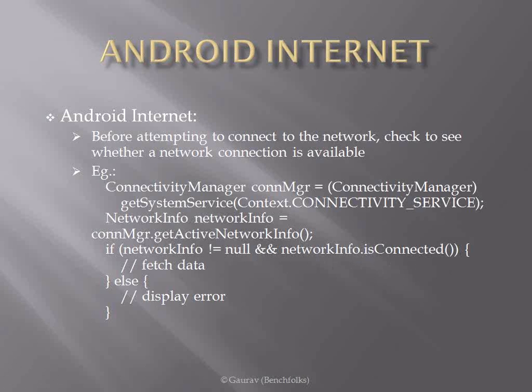So you go into the first block and perform whatever operation you need related to the internet, or in the second block you just display the error, saying you are not connected to the internet, please try again, or something like that. So basically this is just two to three lines of code to check the connectivity of the device, whether your device is connected to the internet or not.